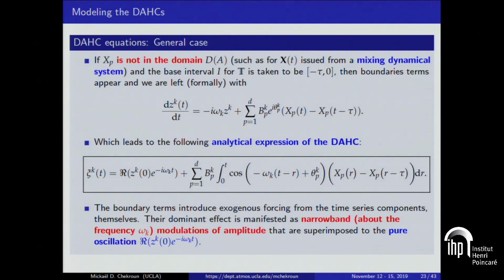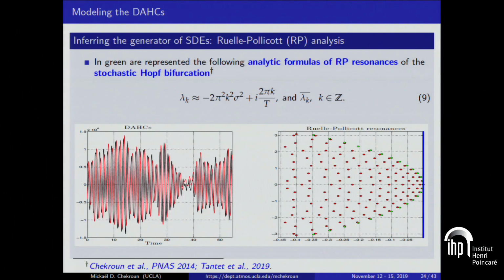But if you have non-periodic signals, you have boundary terms that arise here. So the DAC is a periodic signal plus this guy. And here you find a convolution that involves boundary terms of your time series. And because of the convolution at the frequency omega k, this guy is narrowband, which is what I observed.